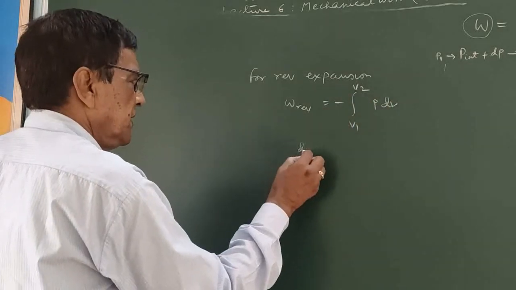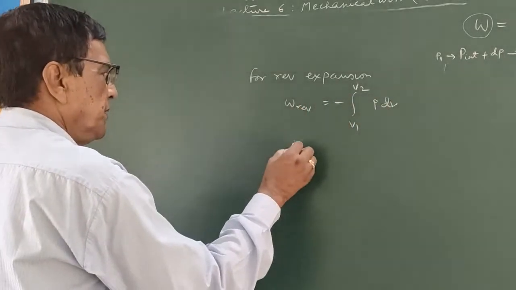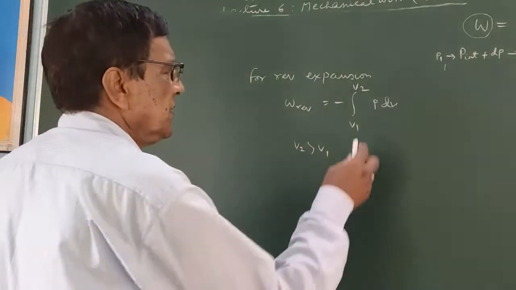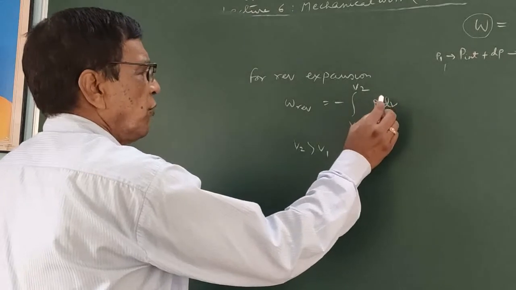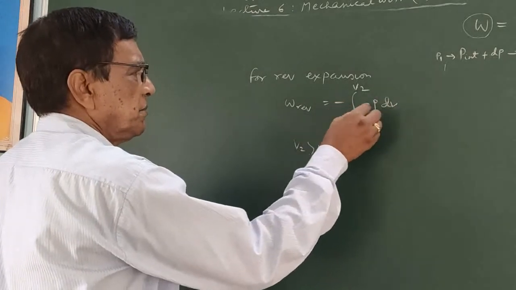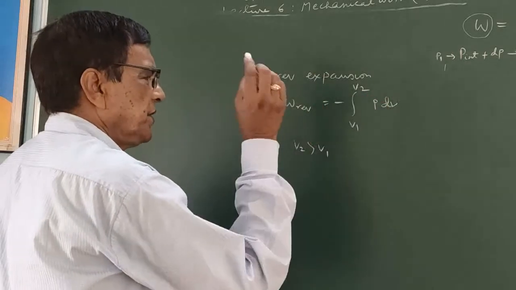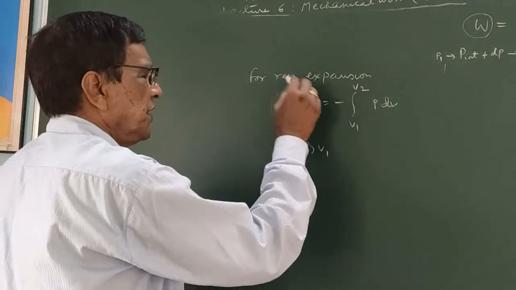But here V2 is greater than V1, and so dV is positive, and P is positive, preceded by the negative sign. So this work becomes negative.